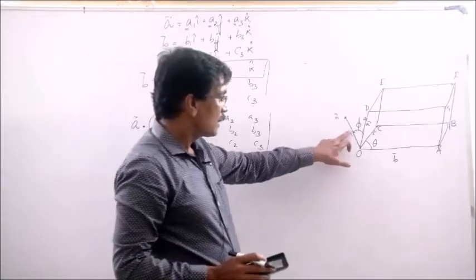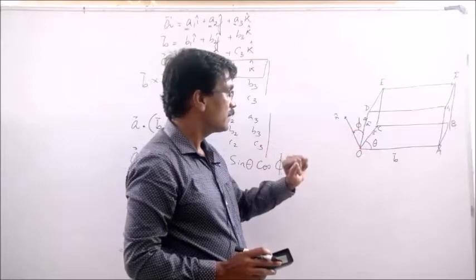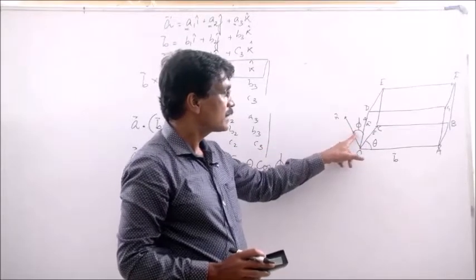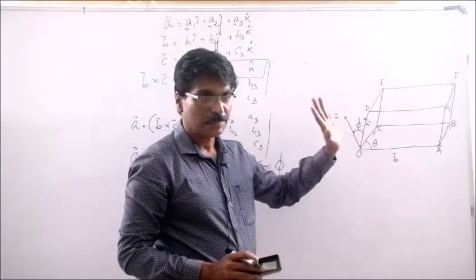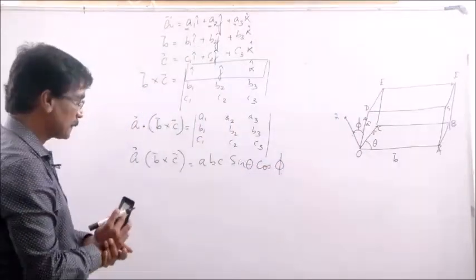Where theta is the angle between B vector and C vector, and phi is the angle between A vector and n cap. Now what is its geometrical significance?